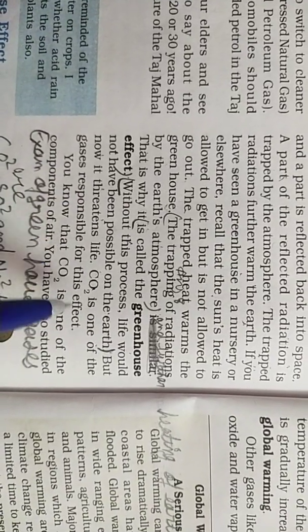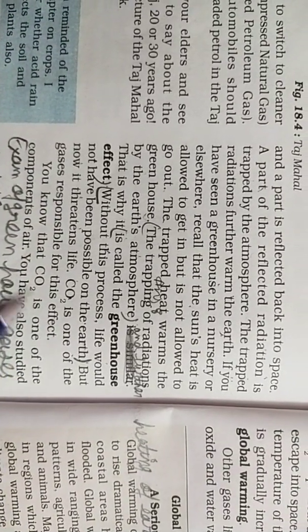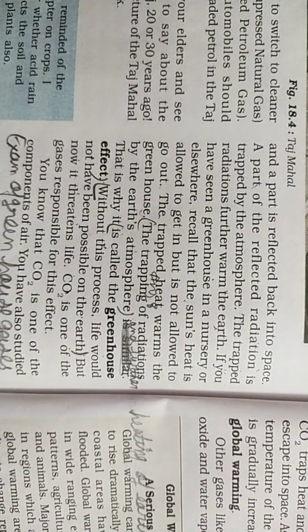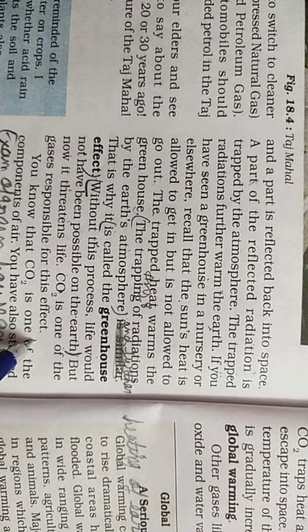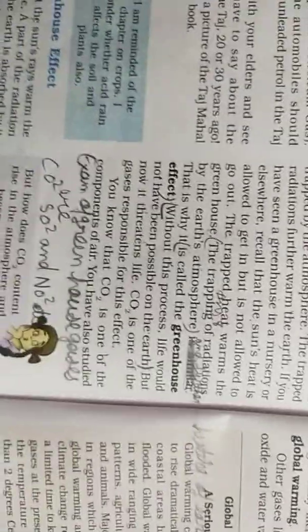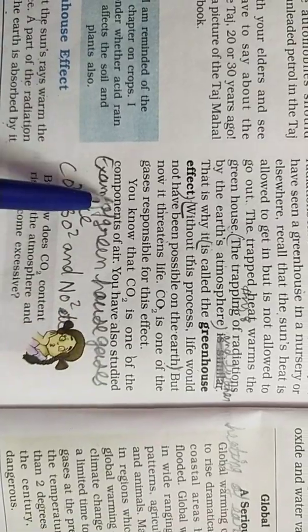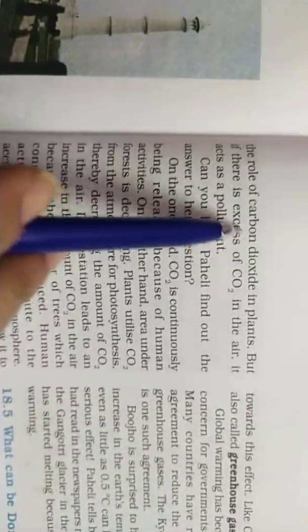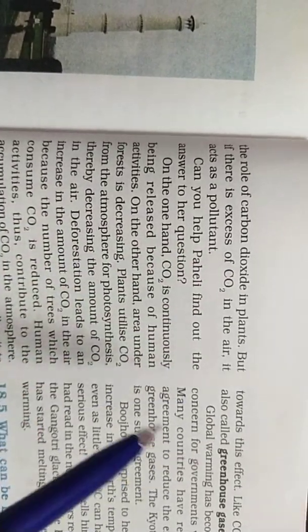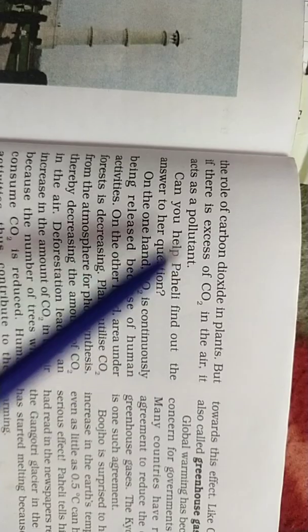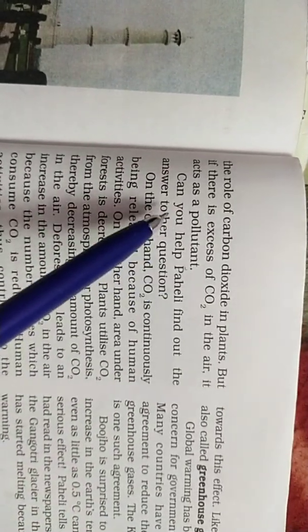But when the heat becomes excessive on the earth, because of an extreme level of carbon dioxide, it becomes harmful. Carbon dioxide is one of the components of air, as you know very well, and the role of carbon dioxide in plants is very important, but it acts as a pollutant also.